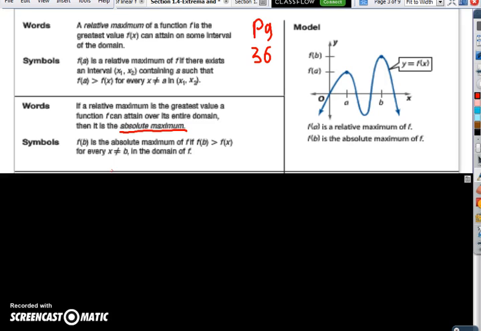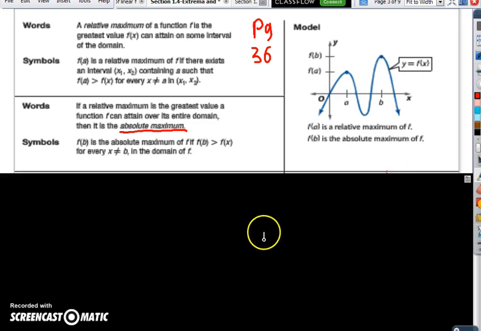There's a difference. If you look at the graph here, look at this point A. A is a relative max because it is bigger than everything else around it right there. But f of b is the absolute max because it's bigger than everything else on this function. So you might be the biggest, baddest person in your little area, but you're not the baddest person overall.